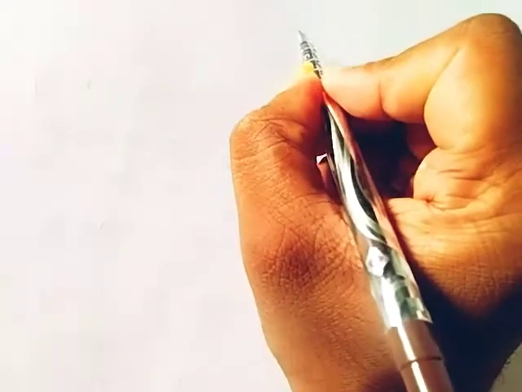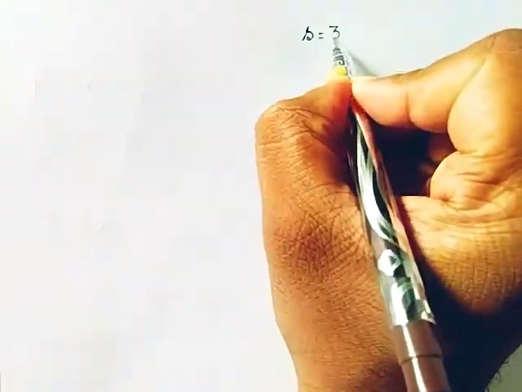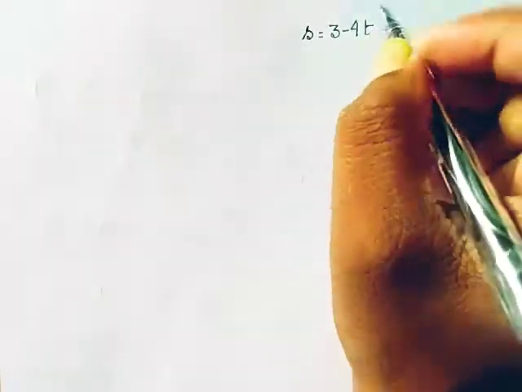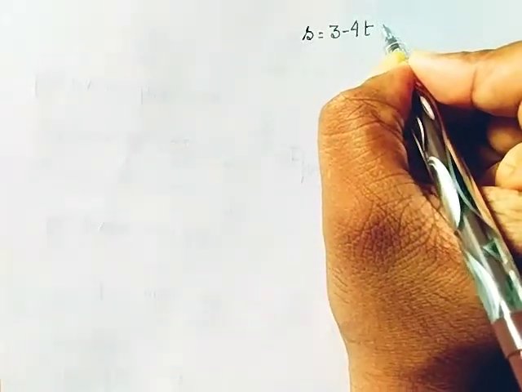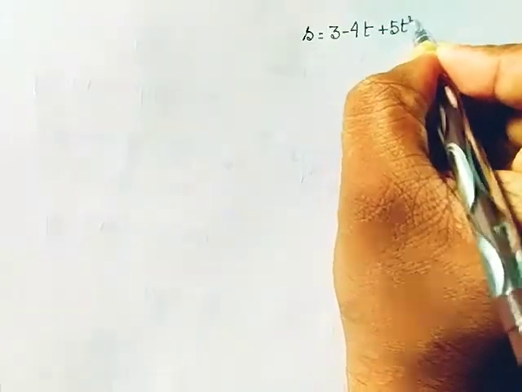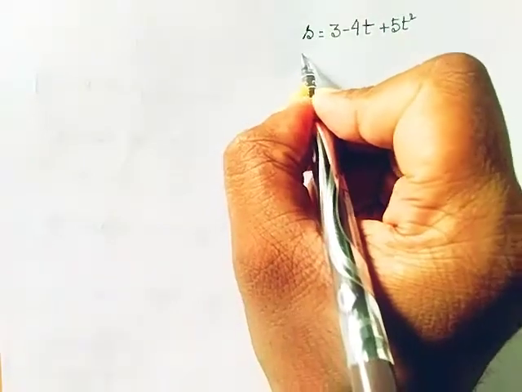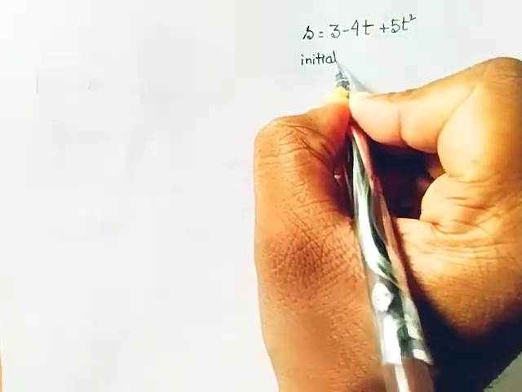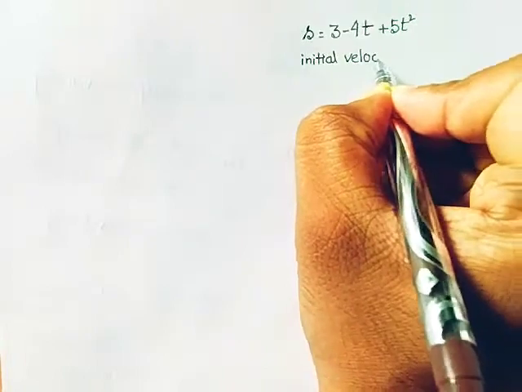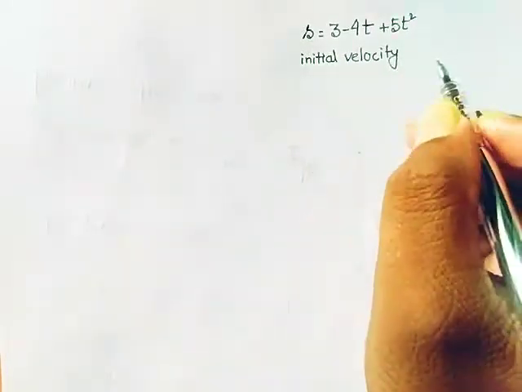If a particle is moving along a straight line and its distance from the point of reference is changing according to the equation s equal to 3 minus 4t plus 5t square, you have to find out the initial velocity of that particular particle.